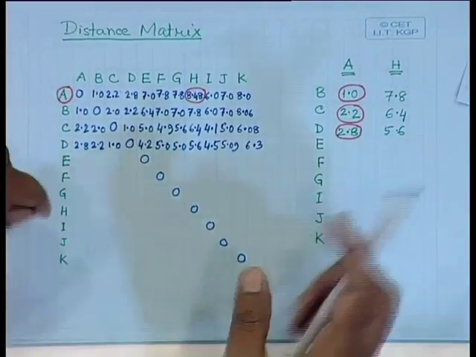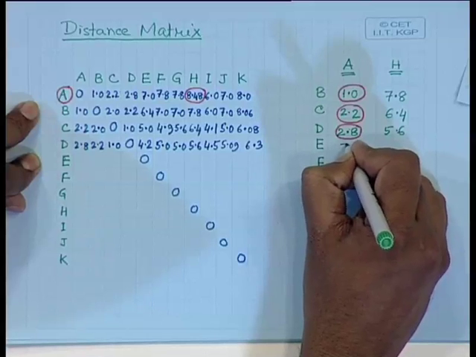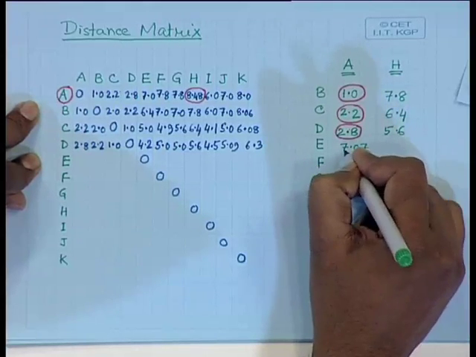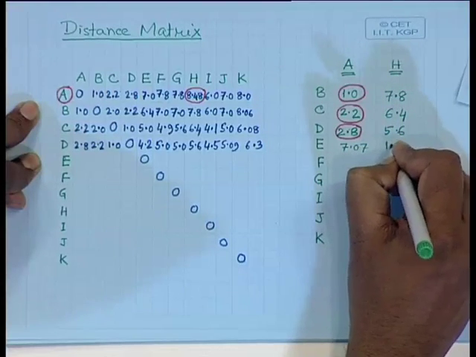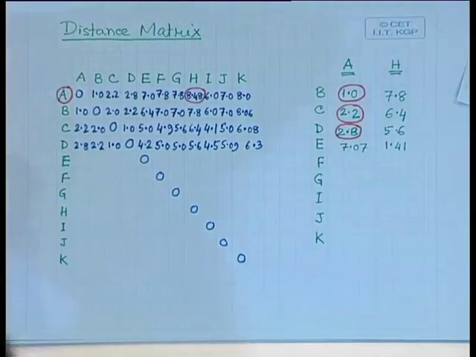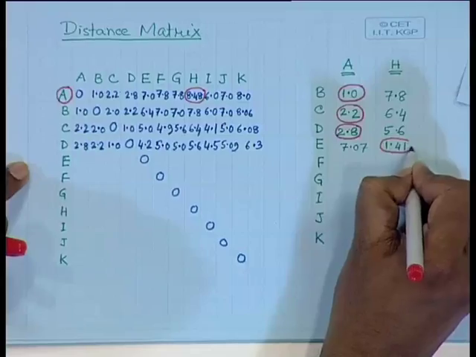Then when I consider point E, the distance between E and A is 7.07, and between E and H the distance is 1.41. Okay. So, here the minimum distance is 1.41. So, I have to consider this distance.